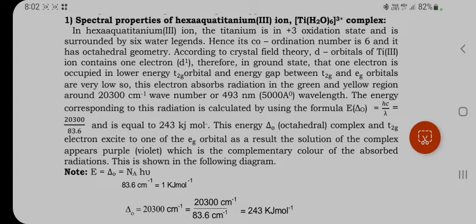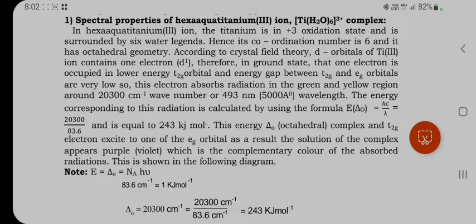nanometers wavelength. The energy corresponding to this radiation is calculated by using the formula hc divided by lambda, which is equal to 243 kilojoules per mole. With this energy, in the octahedral complex, the t2g electron is excited to the higher energy eg orbital.